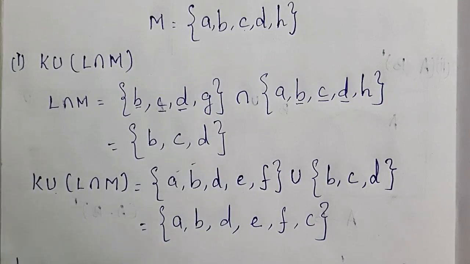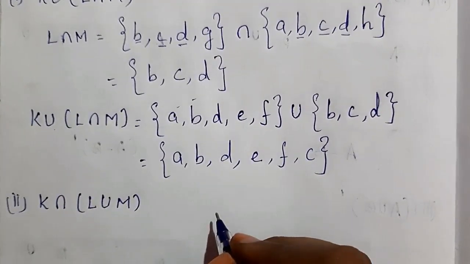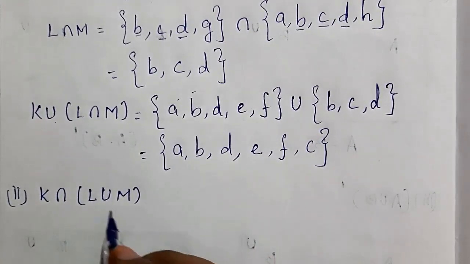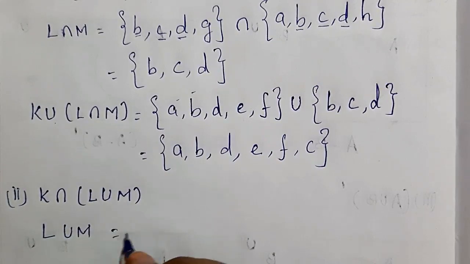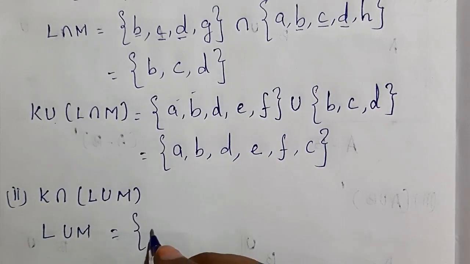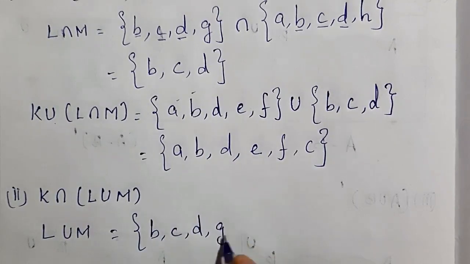Second part, I will write the question now: K intersection (L union M). Same thing. First we consider L union M. For that, first we write the L set: b, c, d, g.